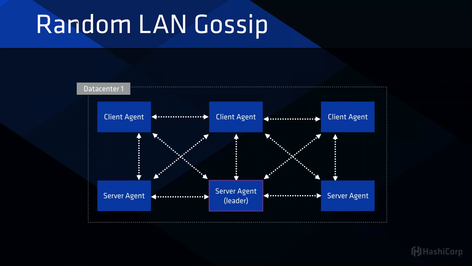And this level of discovery of other nodes and whether they're healthy or not does factor into service discovery. So if one of the agents is determined bad at this gossip layer, then the services on that agent's node will be shown as unavailable in Consul. So they'll be taken out of service.